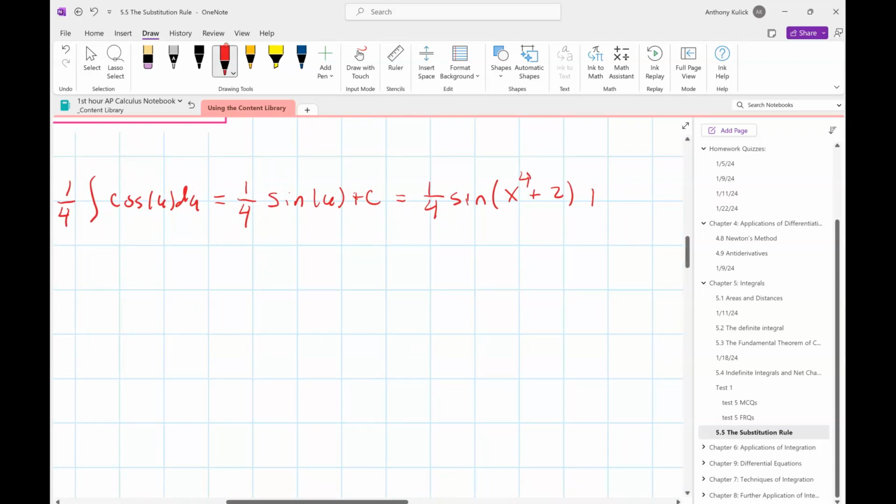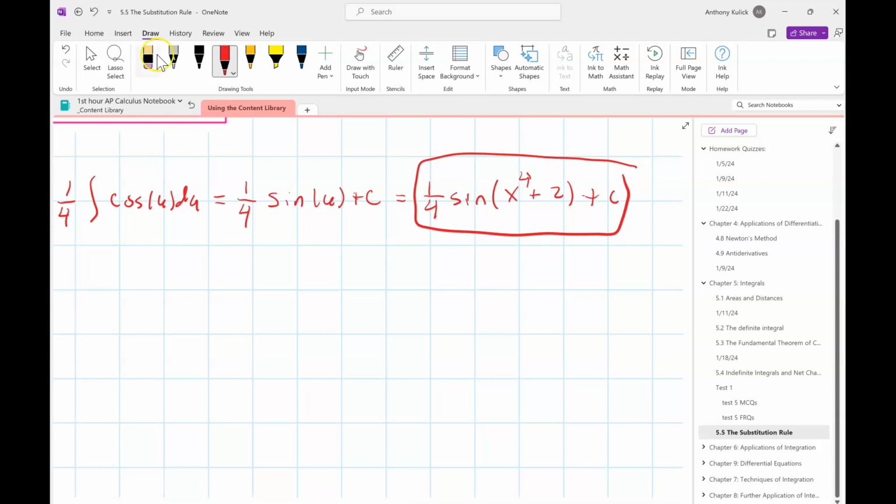And we're done. Which hopefully feels pretty good, right? It's not too bad, right? Just a natural extension to the stuff we've already been doing.